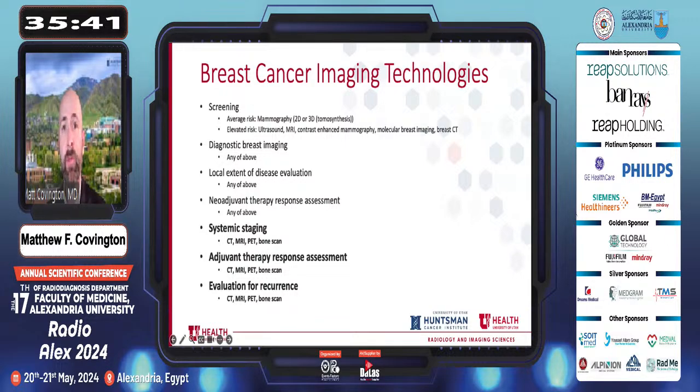We can also look for recurrence in patients who have a complete response to therapy initially. There are options to do this beyond nuclear medicine, primarily CT scans, and sometimes MRI has a role. With nuclear medicine, we're typically talking about FDG PET-CT, but there's also an option for bone scans. In this lecture, I'll be focusing on PET imaging.